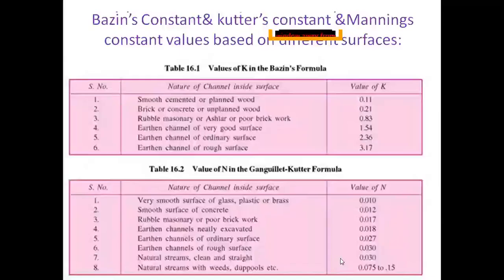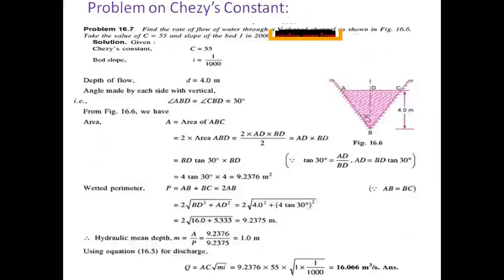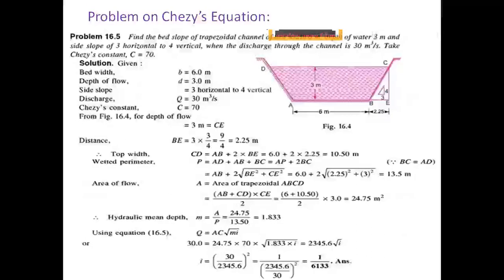These are the problems on the different shapes for different conditions by using Manning's constant and Chezy's constant. In all problems the procedure is the same. Depth is given, side slope is given, bed slope is given. Find the discharge.